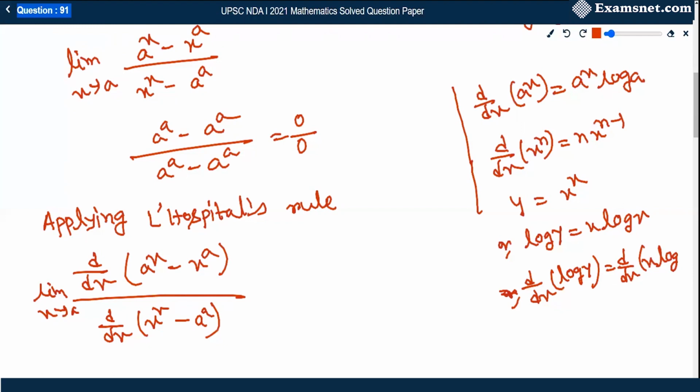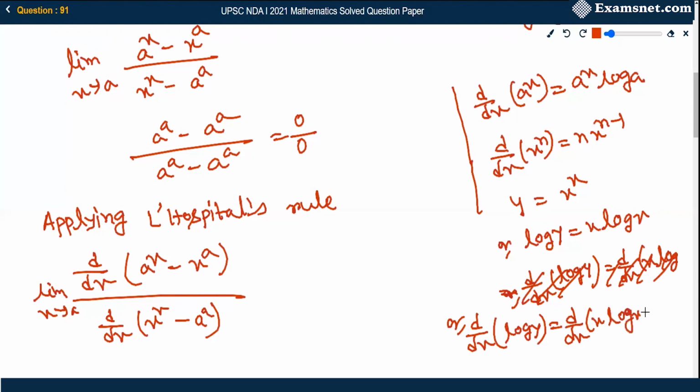So here, let me write this side, d/dx. log y equals x log x.